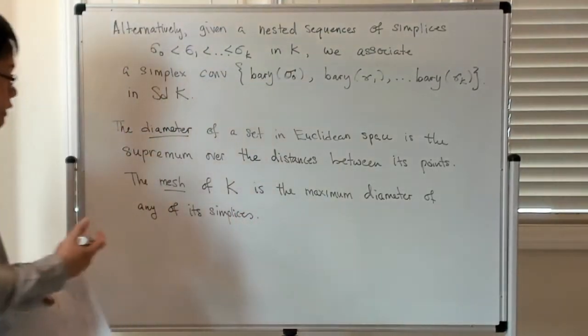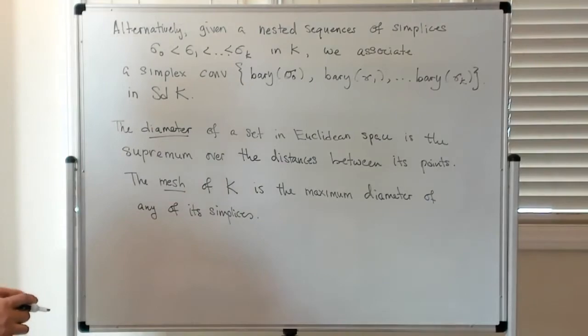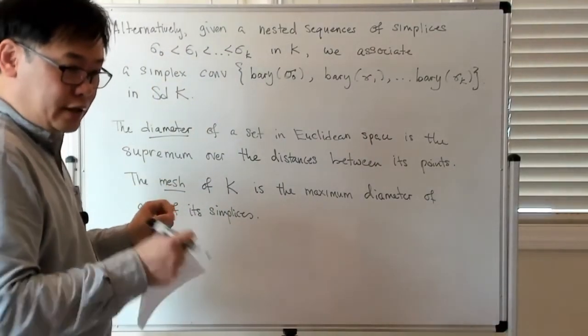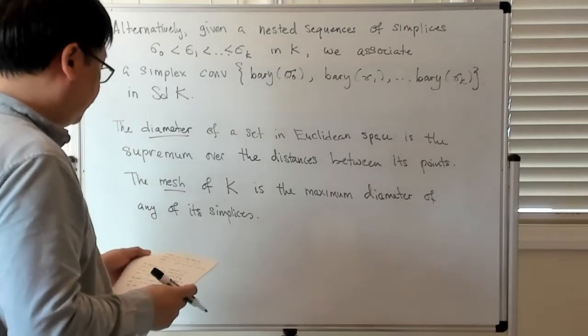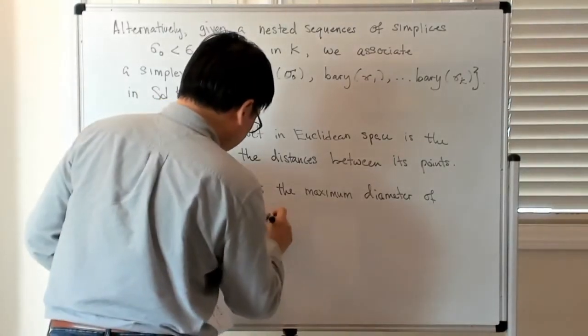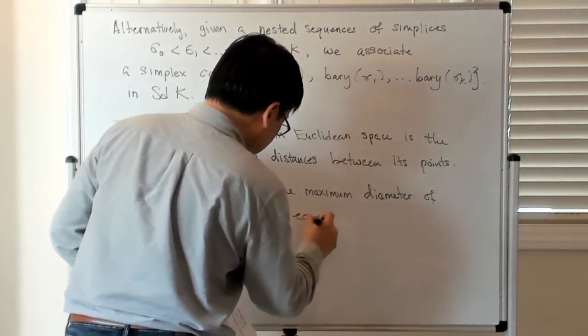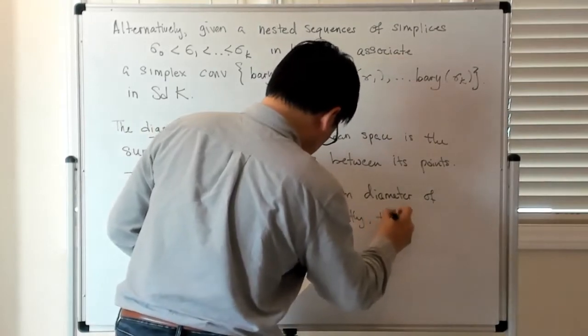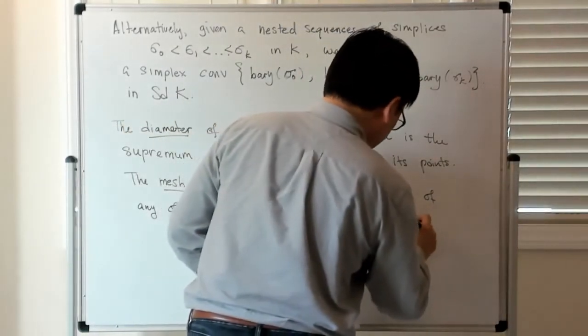And it's easy to convince yourself that this has an alternative characterization just in terms of the length of edges, because the diameter of a simplex is really just the maximum of the edge length over all the edges in the simplex, or equivalently, the length of its longest edge.